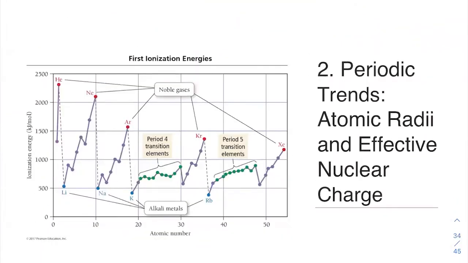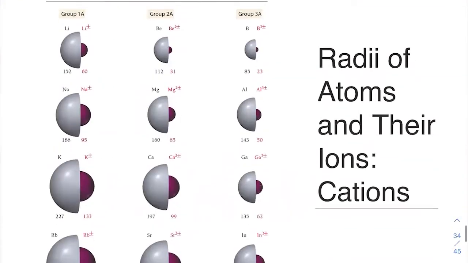Second trend is atomic radii and how it actually affects the size of the atom. This is the wrong chart. There it is. Radii of atoms. Let's first look at the gray circles here.